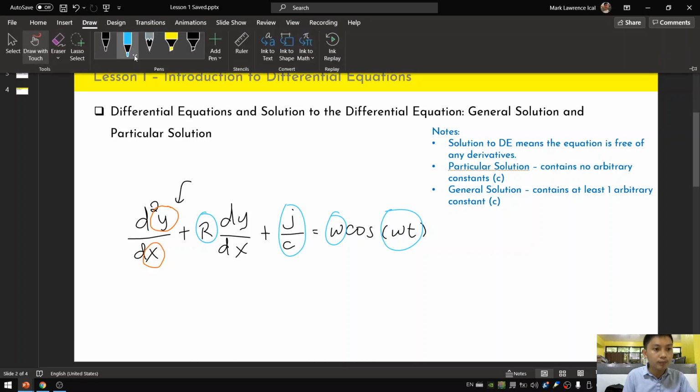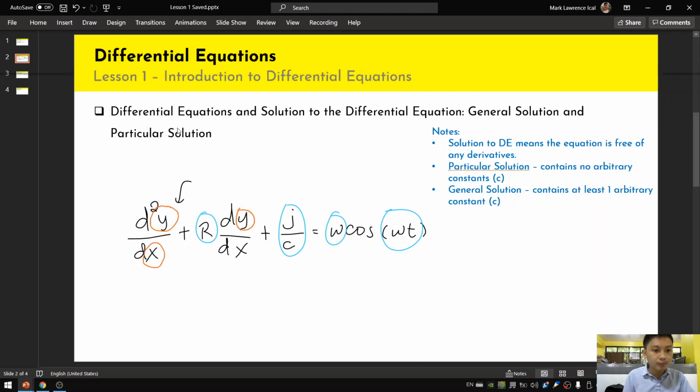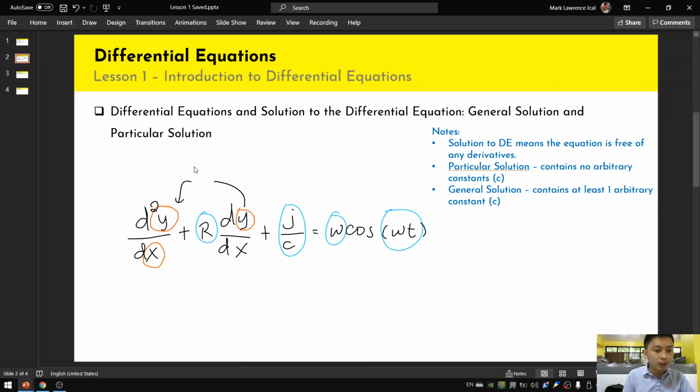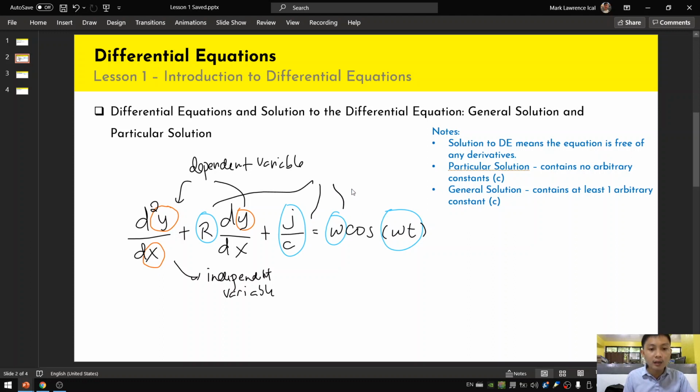Independent variable, dependent variable, and this x is the independent variable, and these r, j, c, omega, and t.